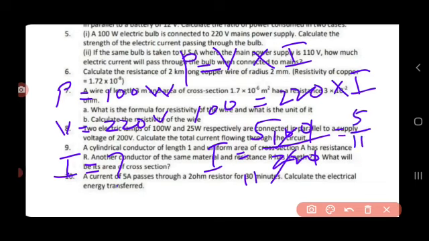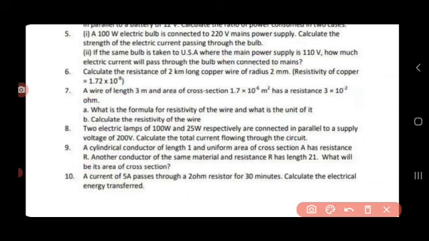Now the second one. If the same bulb is taken to USA, where the main power supply is 110 volt, how much electric current will pass through the bulb when connected to the mains? Now it is the same bulb, that is 100 watt bulb, but the power supply is changed. Power is 100 watt. Again potential difference, that is V, is 110 volt.